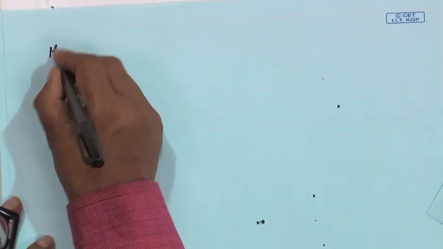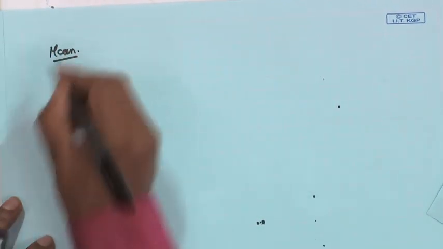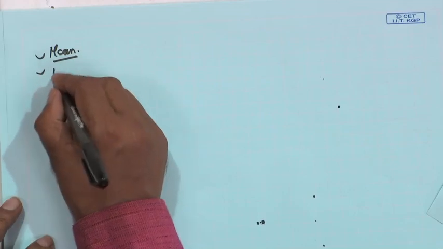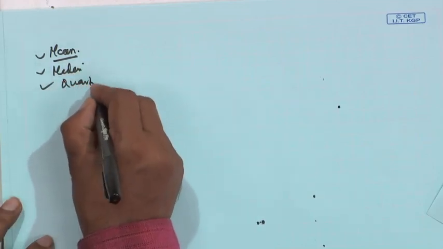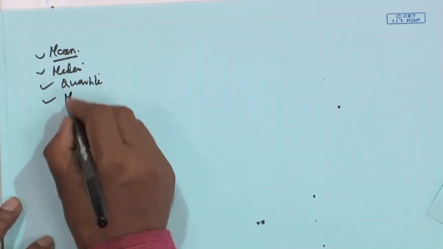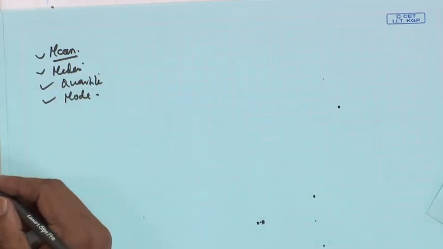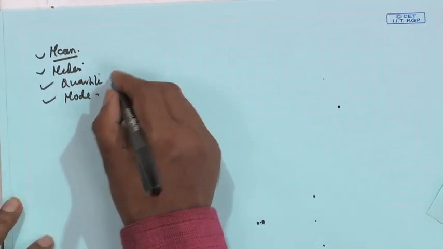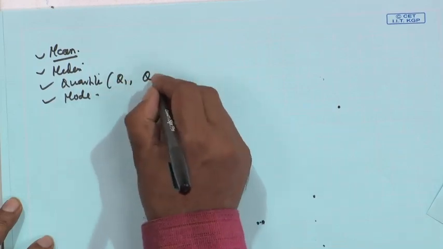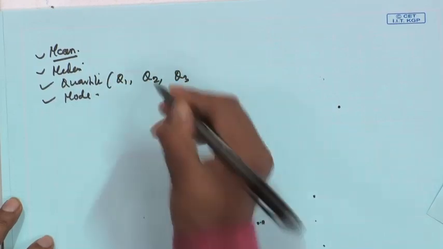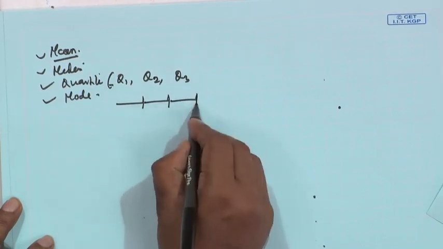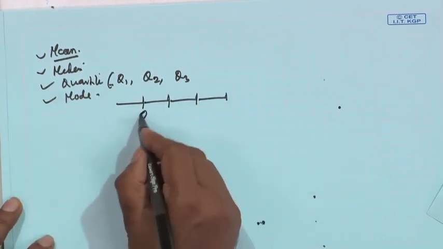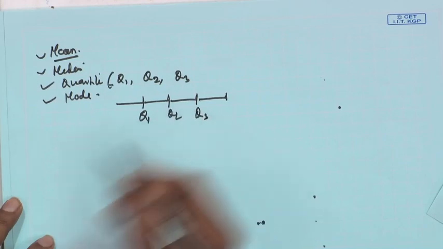So, that means essentially what you now know is, given a data set, how to compute the mean, how to find the median, how to find the quartile, how to find the mode, all those things you know. Now, quartile means you are dividing the data into 4 parts, and as a result first quartile, second quartile and third quartile, Q1, Q2 and Q3.